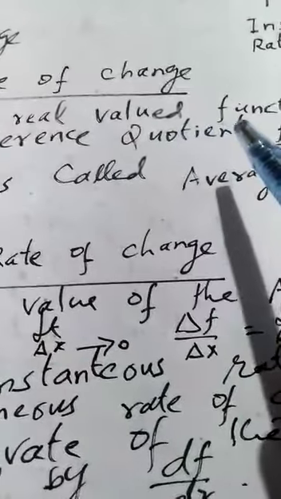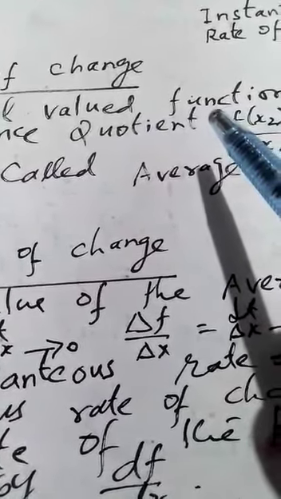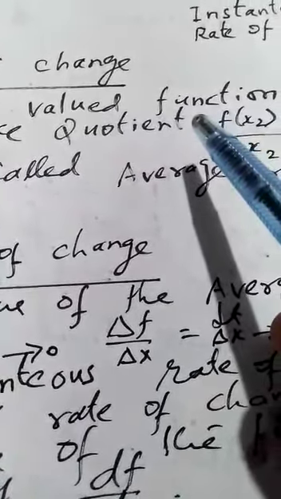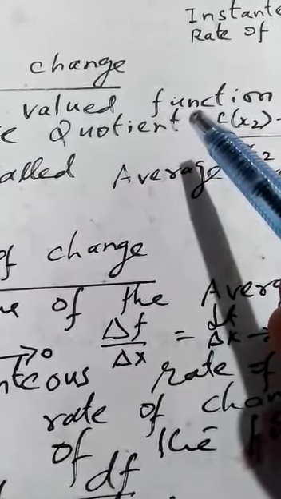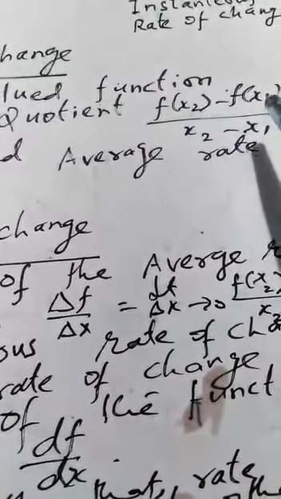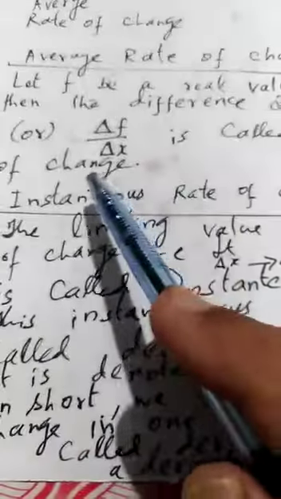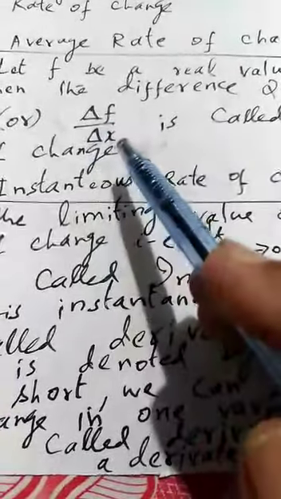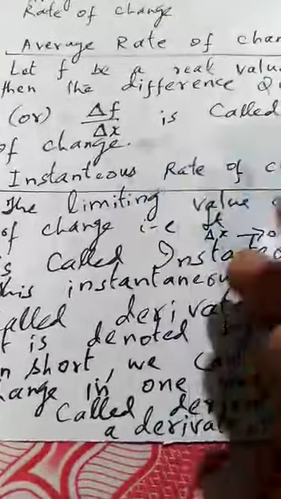Real valued means कि डोमेन के किसी भी पॉइंट पे इसका जो रेंज है या इसका जो आउटपुट है वो कॉम्प्लेक्स नहीं होगा. इसकी जो आउटपुट है या जो इसका रेंज वैल्यूज है वो हमेशा रियल रहेंगी. ओके. देन द डिफरेंस कोशेंट f(x2) minus f of x1 over x2 minus x1 is called or delta f over delta x is called average rate of change.